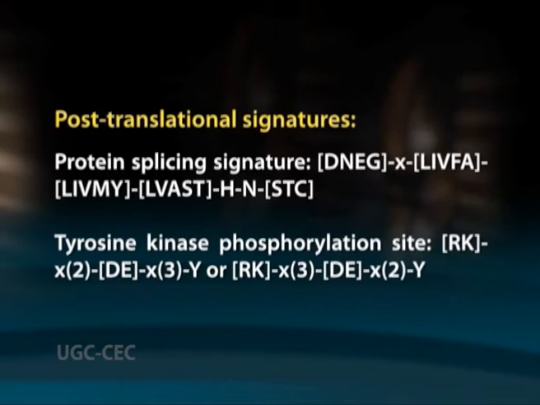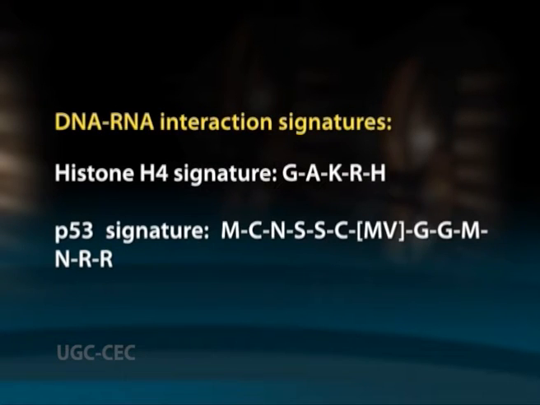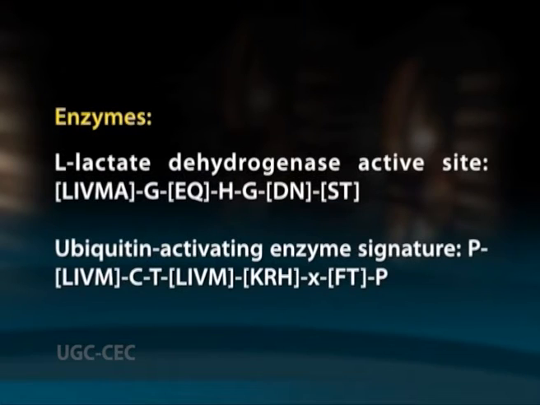Now we can see major pattern examples, post-translational signatures which include the protein splicing signature and tyrosine kinase phosphorylation site. Another is DNA-RNA interaction signatures which include the histone H4 signature and the P53 signature. And enzyme signatures include the L-lactate dehydrogenase active site and the ubiquitin activating enzyme signature.